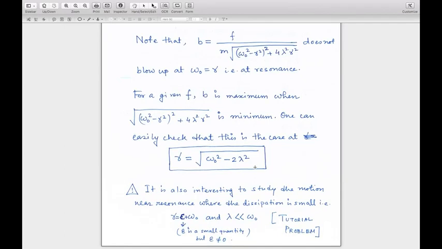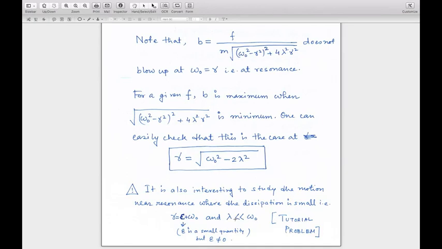Now the question is, it's very good to see what happens at resonance, but can we also study the motion near resonance where the dissipation is small? That means again gamma is equal to epsilon plus omega 0 and lambda much less than omega 0.